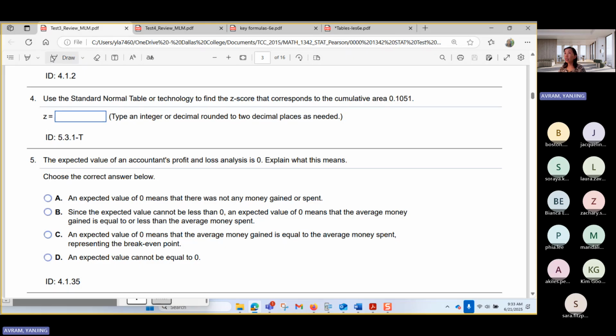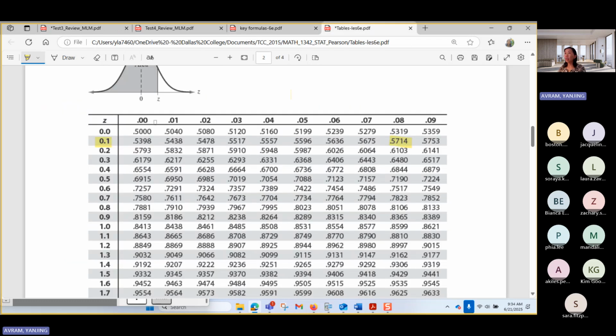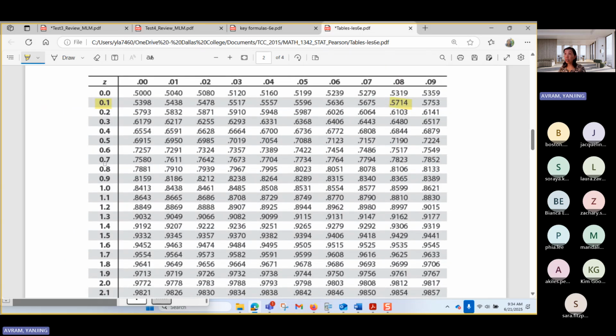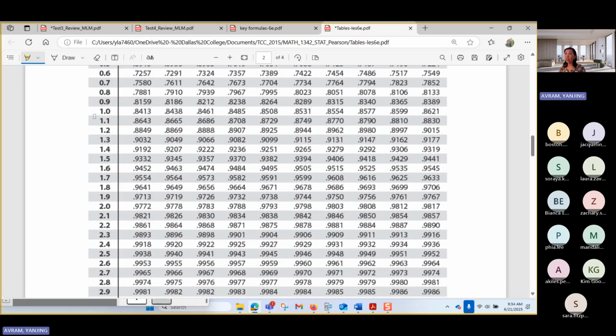Okay, so this one is a little bit different. We read the table backward. You want to find a Z-score. Remember, if we know the Z-score, we read the table, and the Z-scores are laid out very orderly, from 0.1 to 0.9 and 1.1.